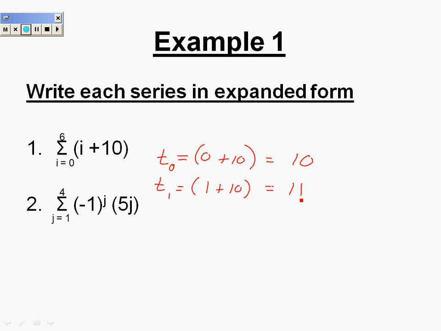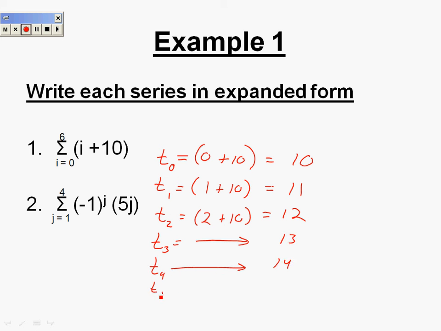It's 11, right? And the second term? And as you guys can see, it's just going to go up 1 each time, right? So can I just skip the math work? T4 is 14. T5 is 15. And T6 is 16. So that's T1 through T6.